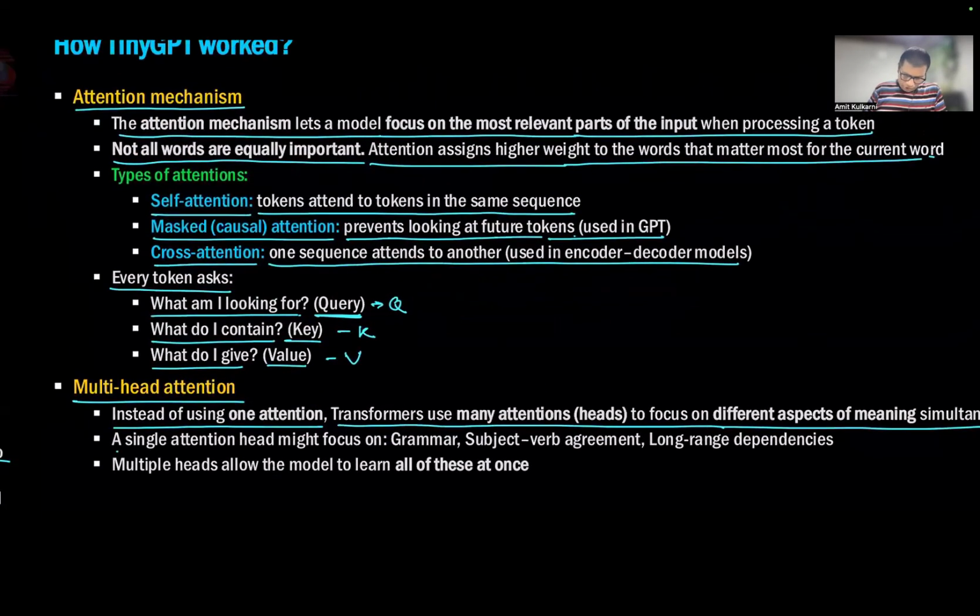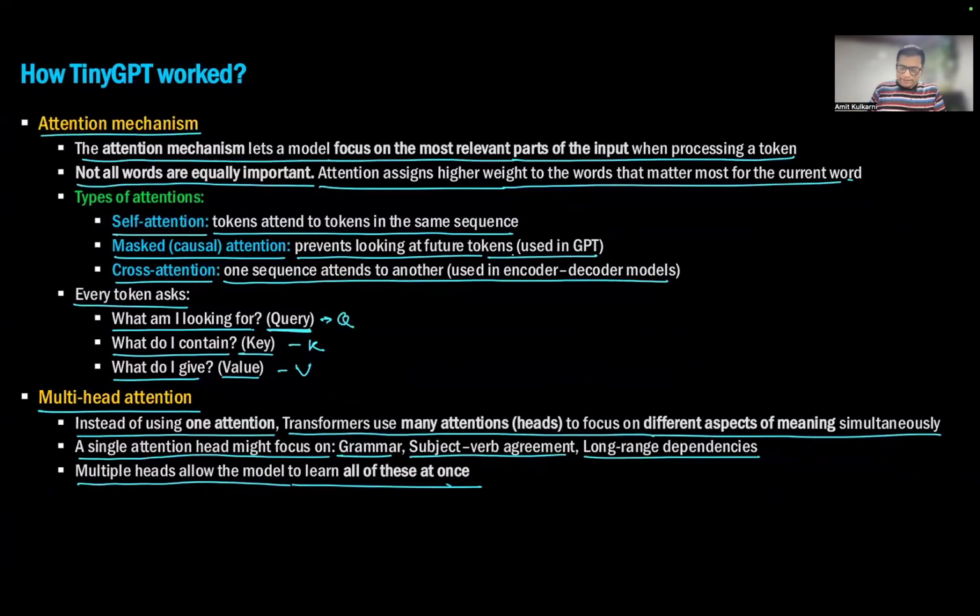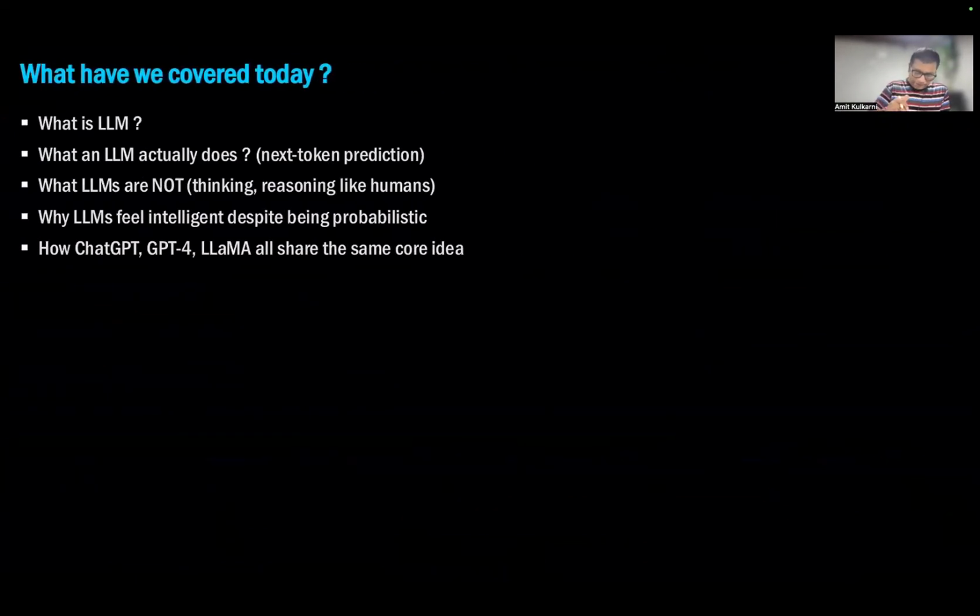A single attention head can focus on grammar, subject-verb agreement, long-term dependencies, and so on, so we can do all of them at once. Multiple heads allow the model to learn all of this at once, and that's the reason this is what we are going to use in our LLM as well.